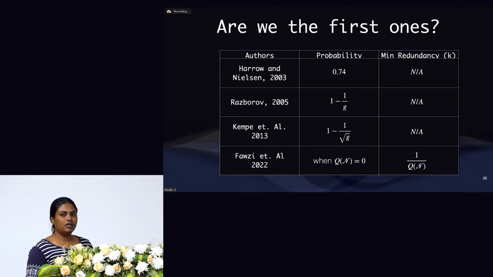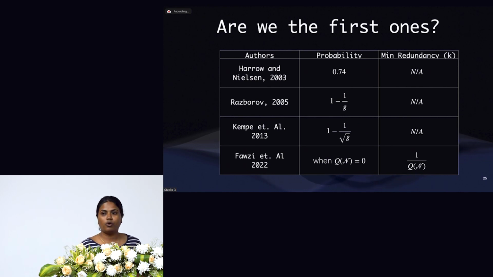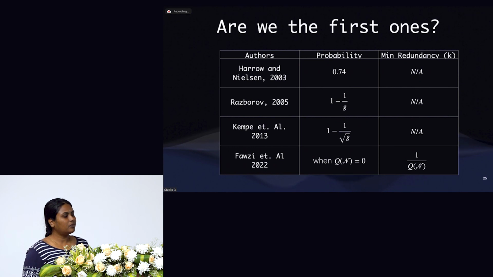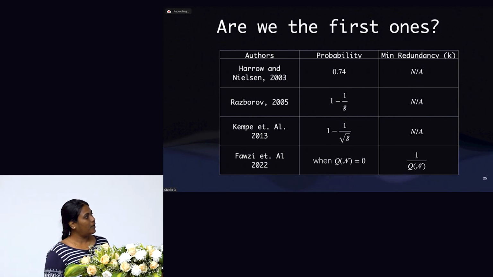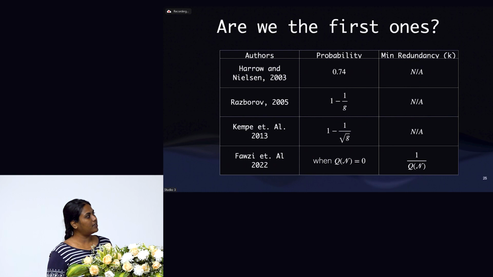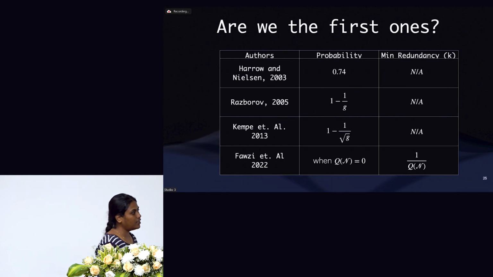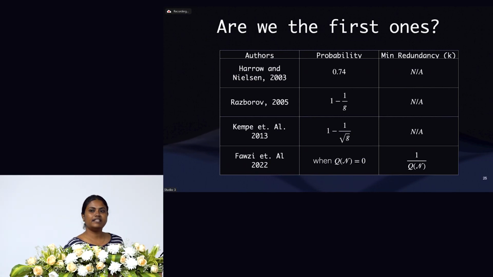I showed a slide on how you model quantum noise as some channel. So, this Q of n is actually the quantum capacity of that noise channel, and the probabilities are something like this. Notice from the previous slide, g is the gate size. In all these three literature, the results are for a noise model called the depolarizing noise model, and this literature was for a general noise model N. But the problem with this literature was that their bound kicks in asymptotically.